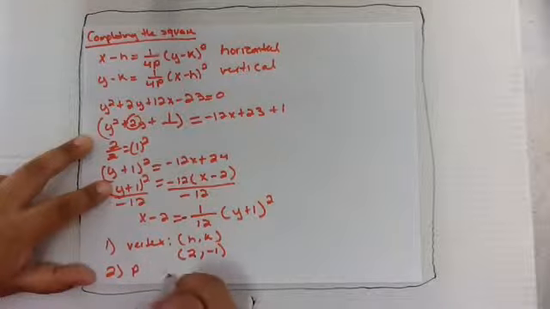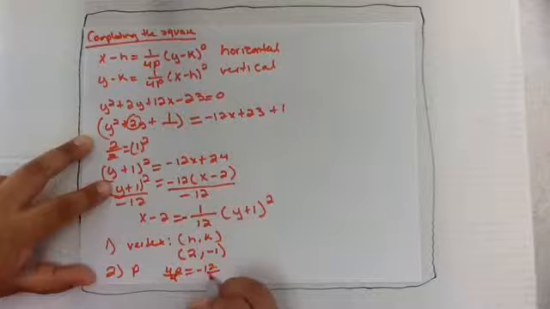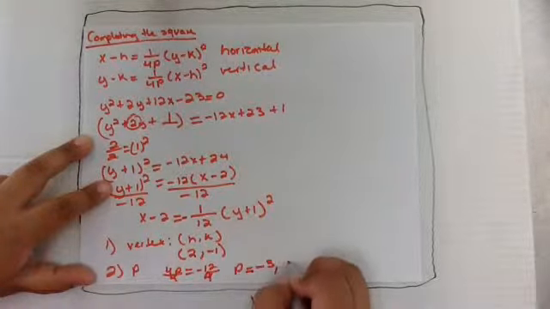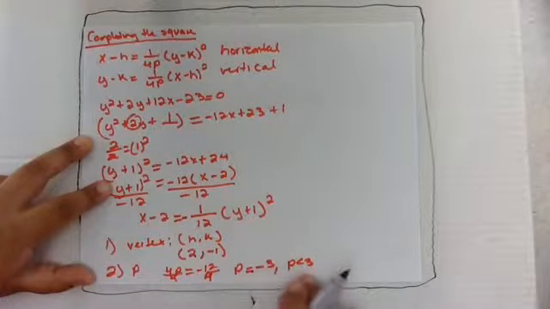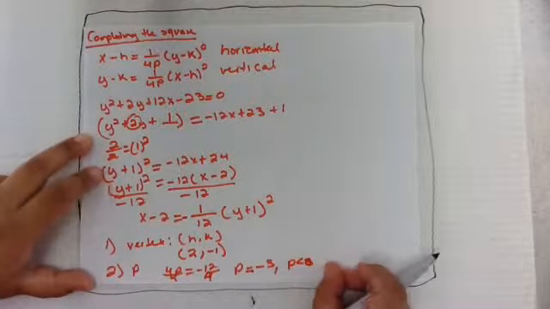We know that 4p equals negative 12, so we divide by 4. P is going to be equal to negative 3. Since p is less than 0, then it's opening to the left.